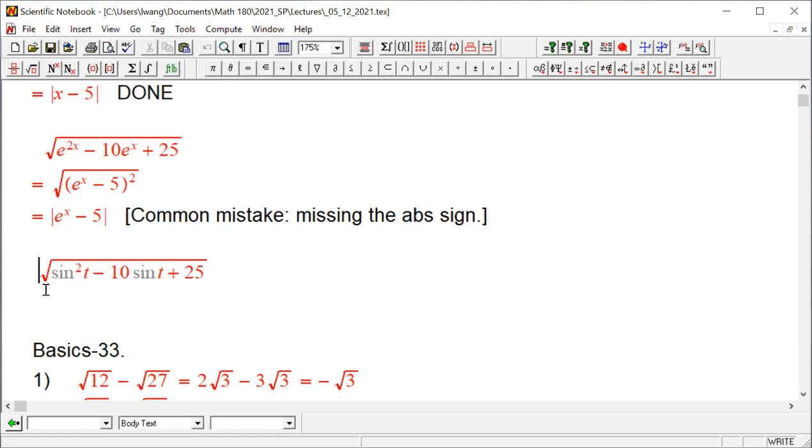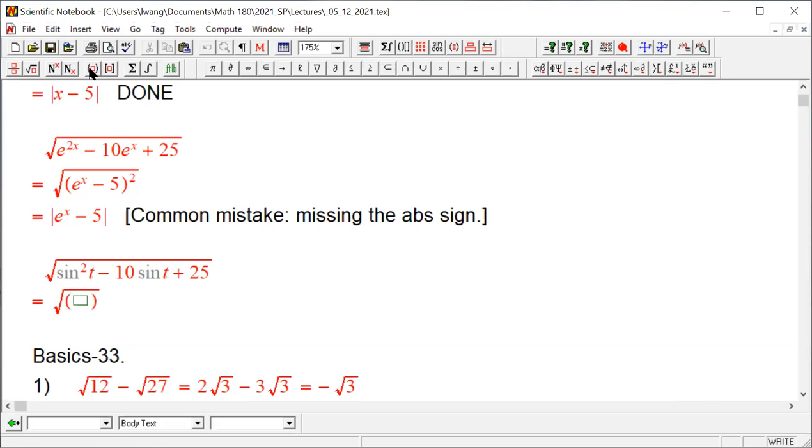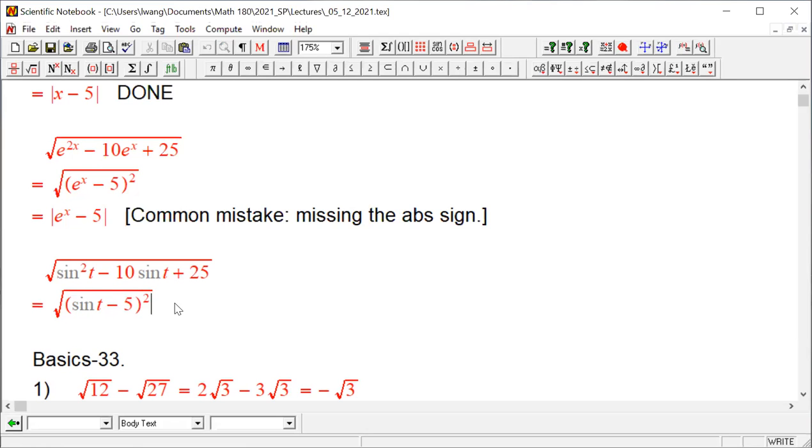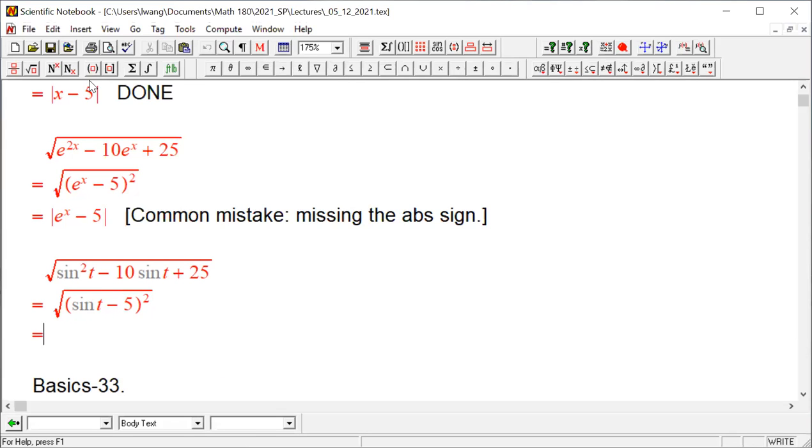And this one is interesting. This one has its own tweak. And you're going to have sine t minus 5 squared. And then of course you're going to get that sine t minus 5.